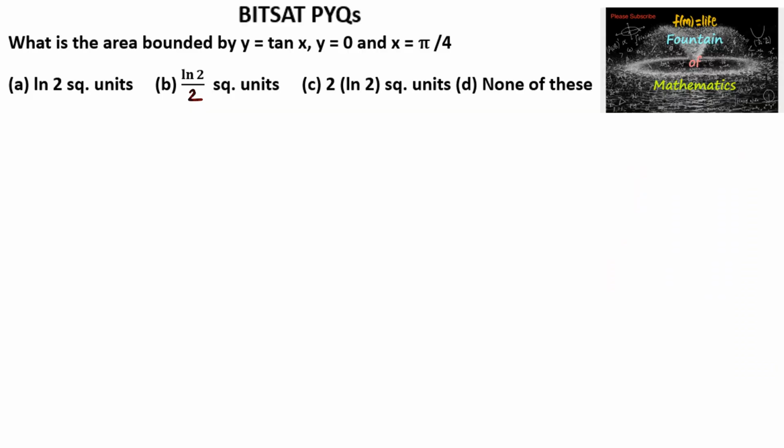Area bounded by the curve y is equal to tan x. So we can see the tan x graph, with y is equal to 0, that is the x axis, and x is equal to pi by 4.